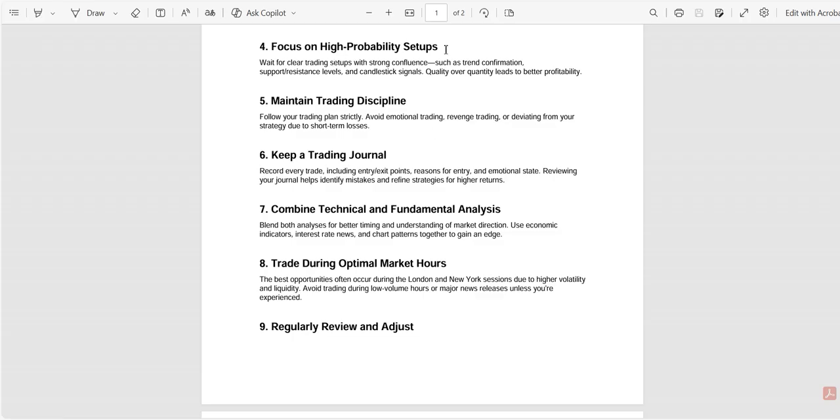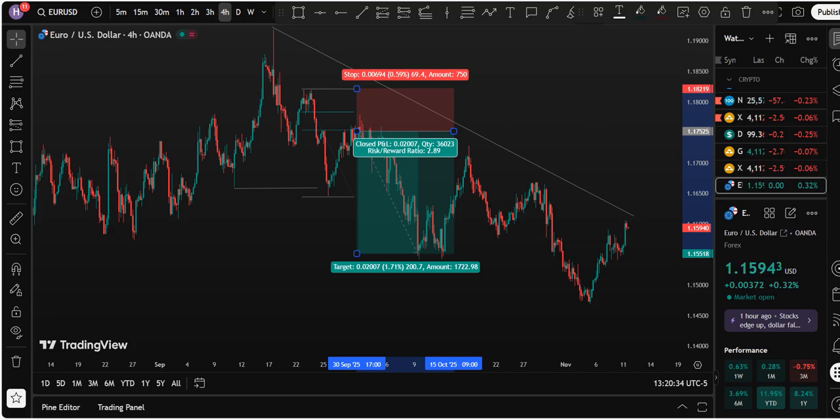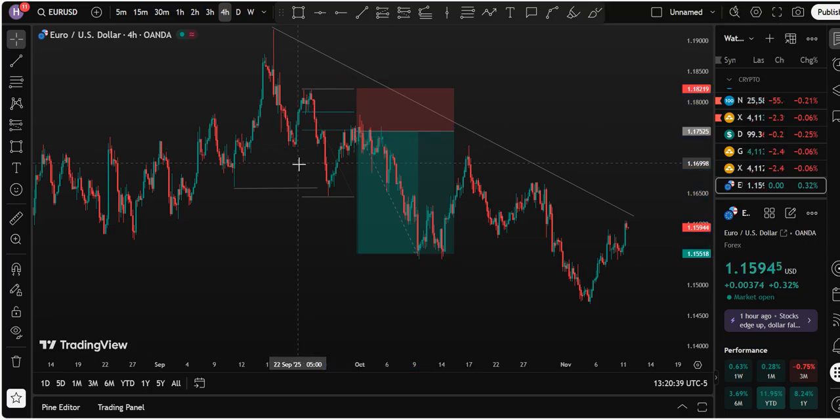Focus on high probability setups. Okay, this point right here is very important. What are we talking about when we're talking about high probability setups? First point, remember what we spoke about, the first point was what? Trade with the trend. That means if price is going down, only take sells.